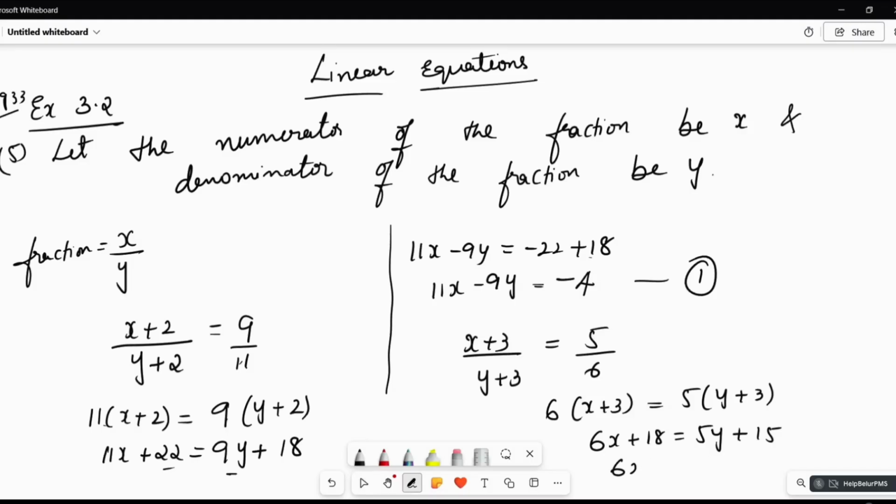So we can write 6x is equal to 5y. 18 if you shift to the other side, 15 minus 18 will be minus 3. So x is equal to 5y minus 3 by 6. Now instead of x, you can substitute 5y minus 3 by 6 in the first equation. You will get the y value.